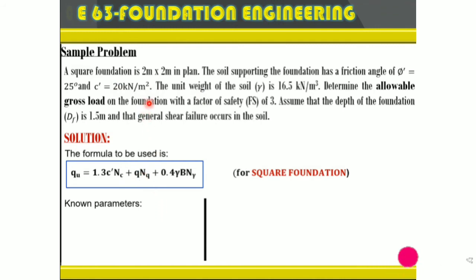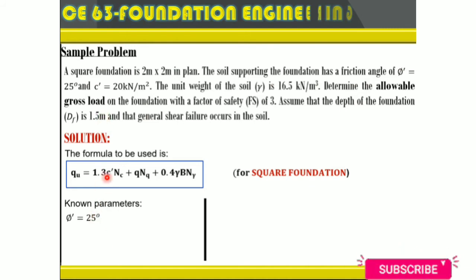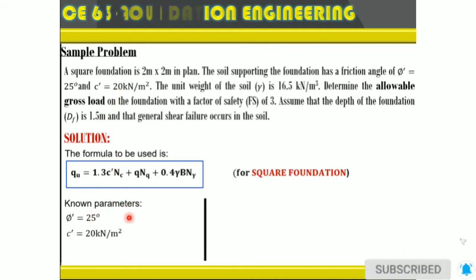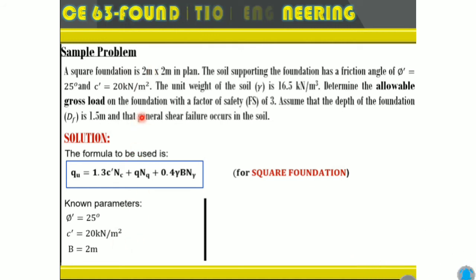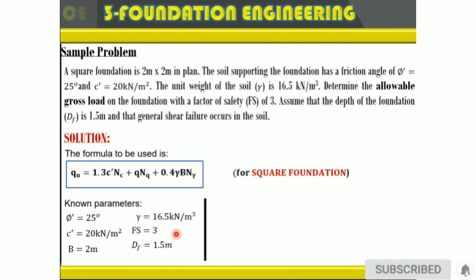First, we have the friction angle phi prime of 25 degrees, the cohesion C prime of 20 kilopascal, and the width of the foundation, which is 2 meters. Next, we have the unit weight of the soil, the factor of safety, and Df, the depth of footing: the unit weight is 16.5 kilonewton per cubic meter, the factor of safety is 3, and the depth of footing is 1.5 meters.